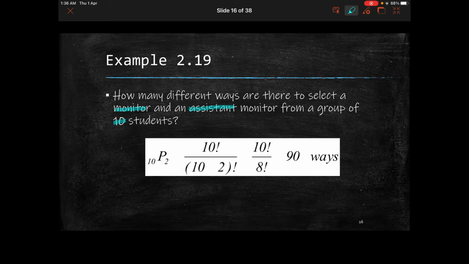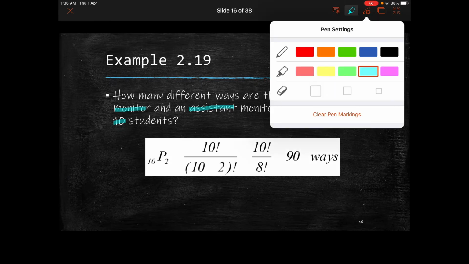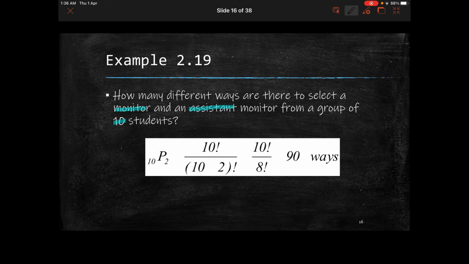So to calculate the possible ways using the formula, nPr, 10P2 equals 10 factorial over 10 minus 2 factorial, which equals 10 factorial divided by 8 factorial, equals 90 ways.